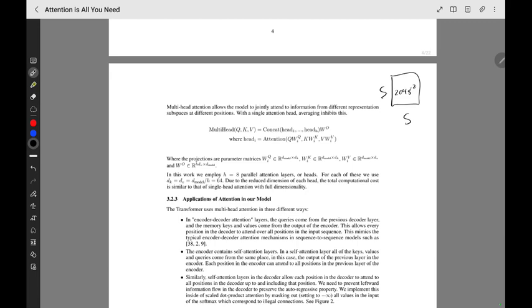Also, just to point out, a token is not a word. A token is actually a split up word. If I take the word attention, I can split it into two parts, atten and shun.